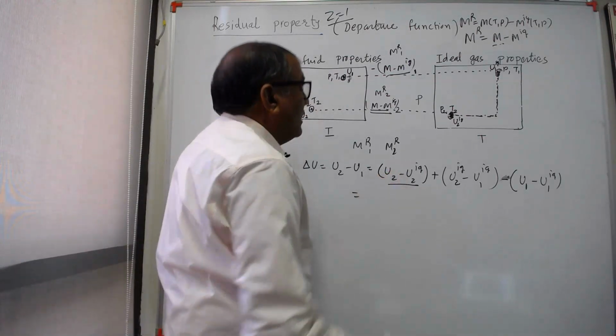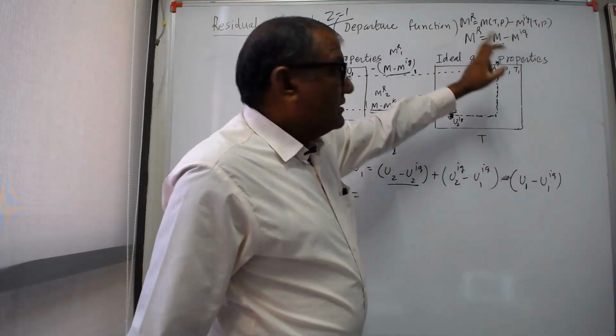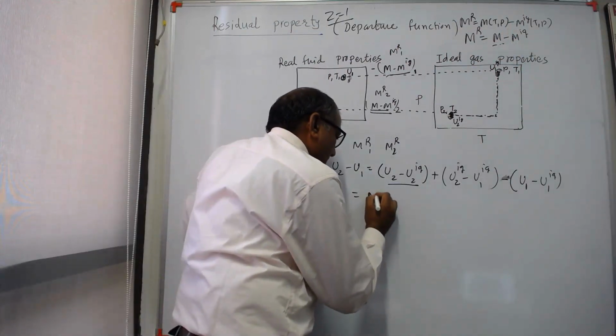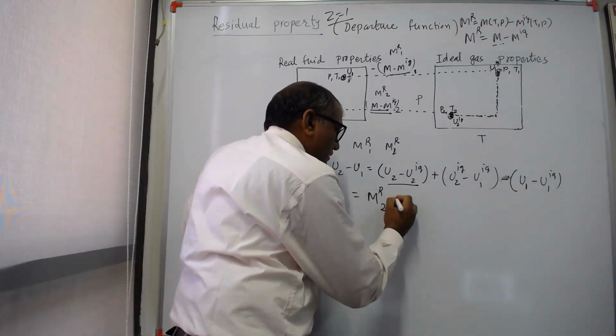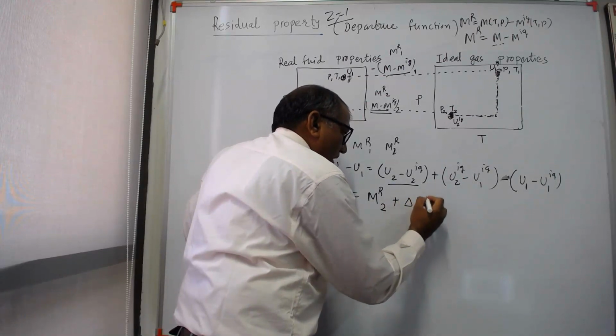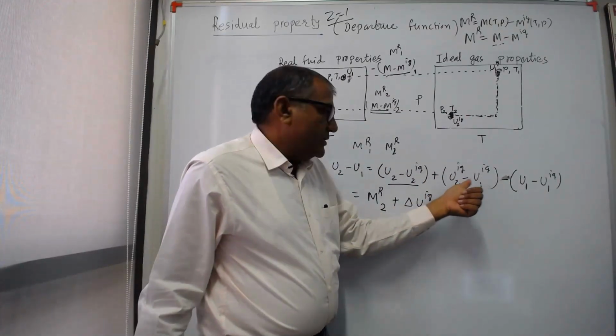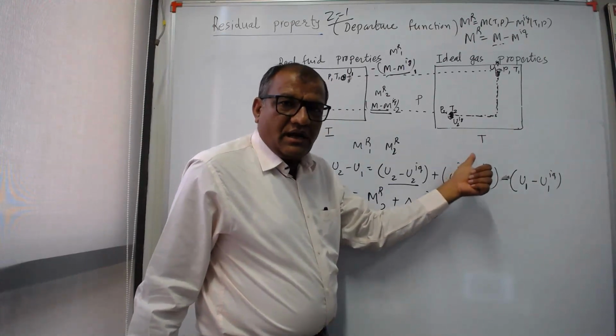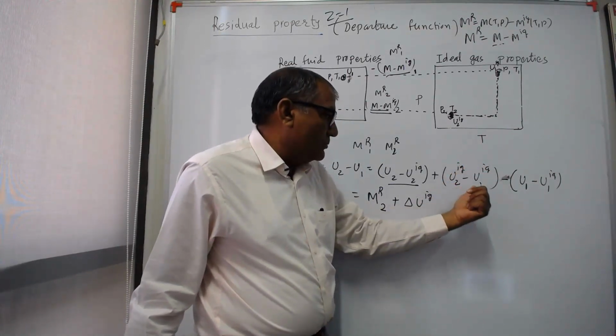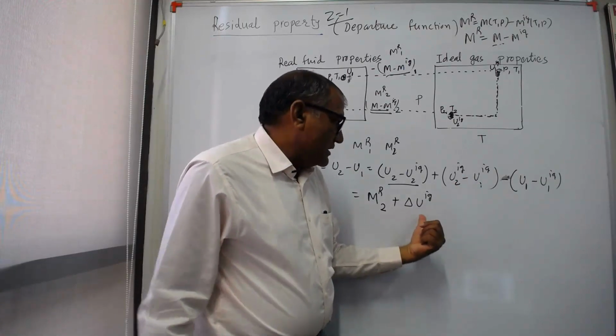This is M minus M^ig, that is equal to M^R. So I can write M^R2, this is delta U^ig, because both internal energies have been calculated using ideal gas state, and it is U2 minus U1. So that is delta U^ig.